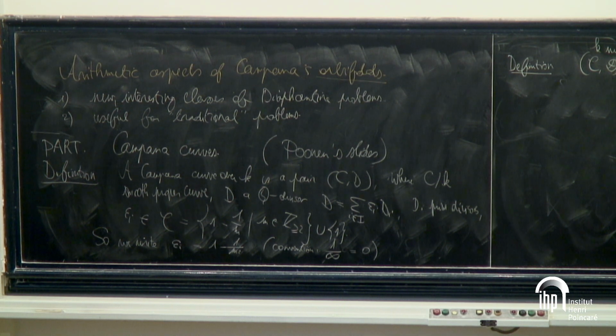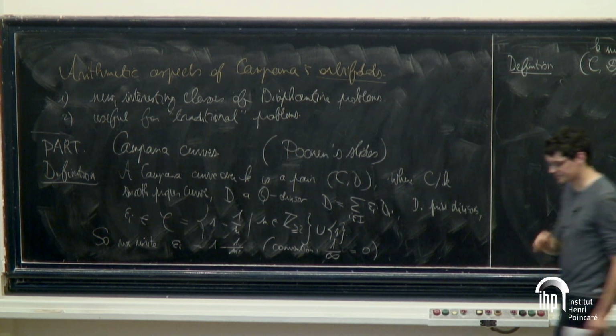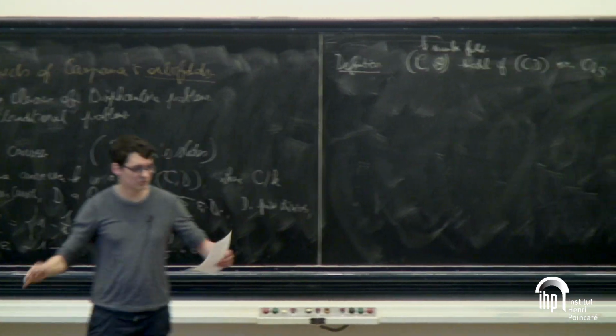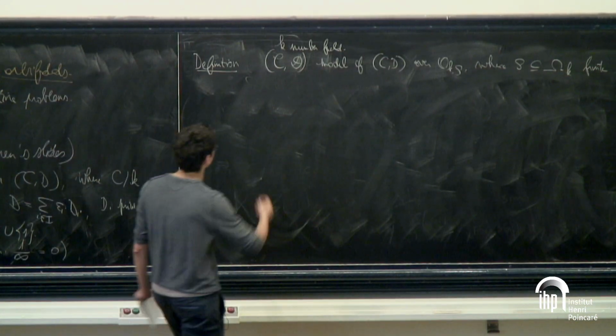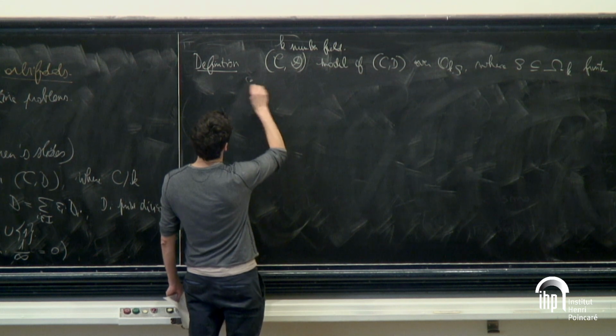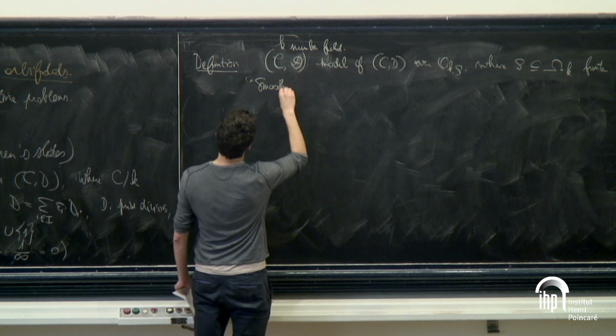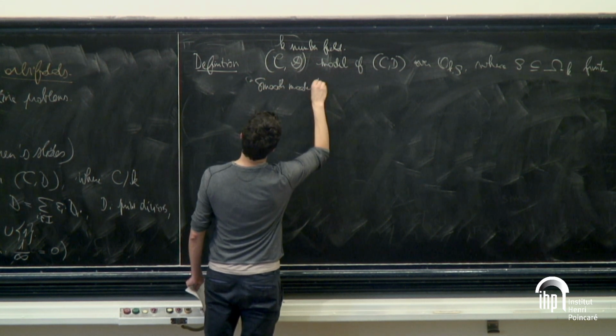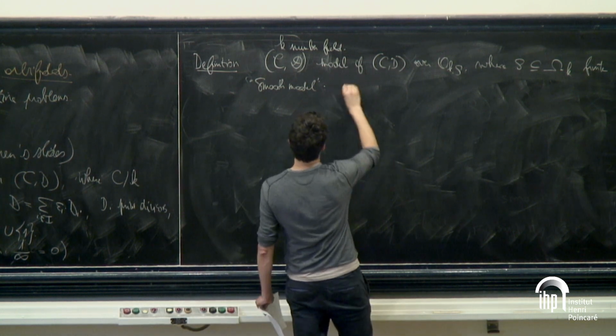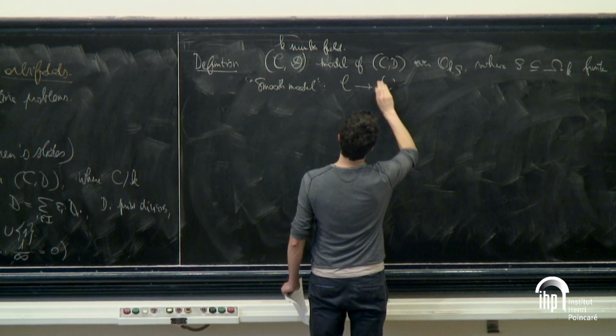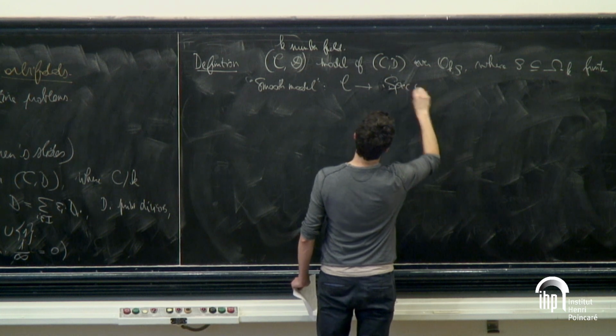So I'm fixing a model over O_{K,S}, where S is some finite set of primes. And by choosing S large enough, I can assume that this is what I call a smooth model, by which I mean curly C is smooth over Spec of O_{K,S}.